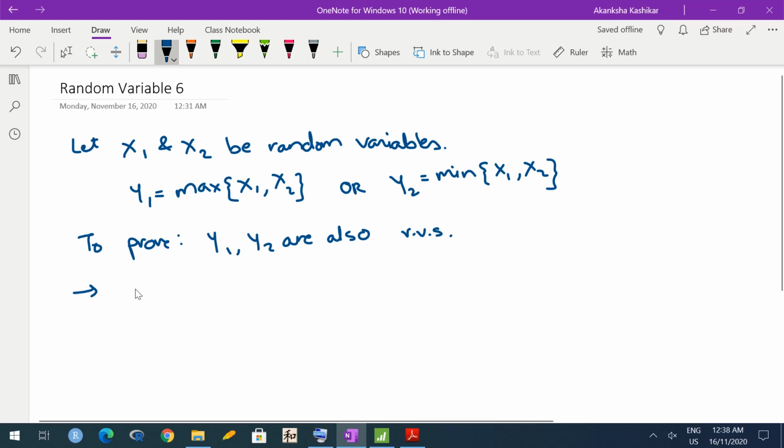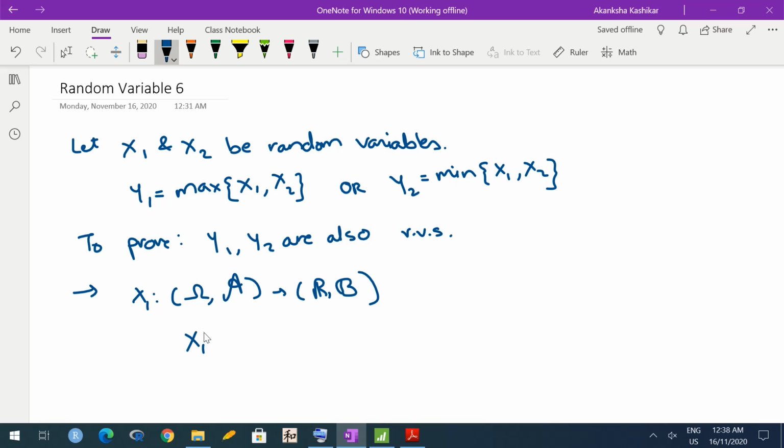So we say that x1 is a random variable, defined from omega, script A to R, script B, if x1 inverse of script B is a subset of script A, right? The inverse image of every Borel set should be in script A. So the inverse image of the entire Borel sigma field should be a subset of script A.